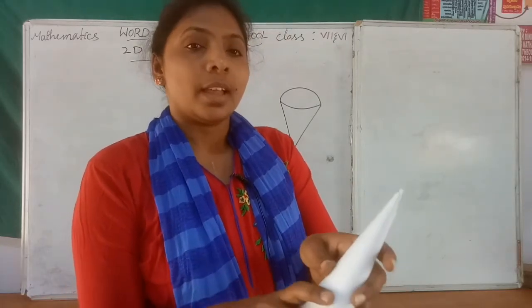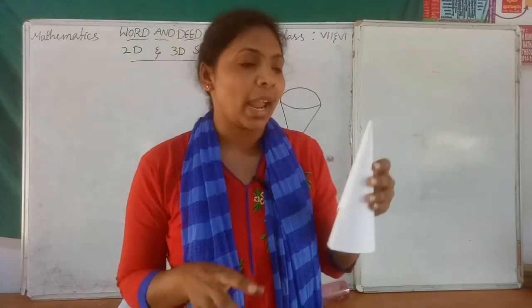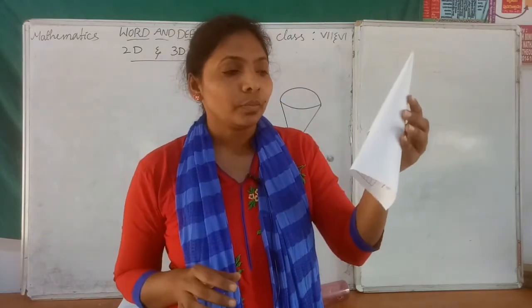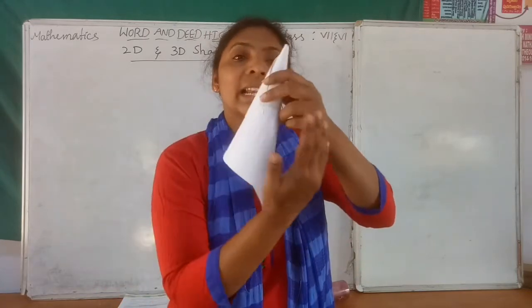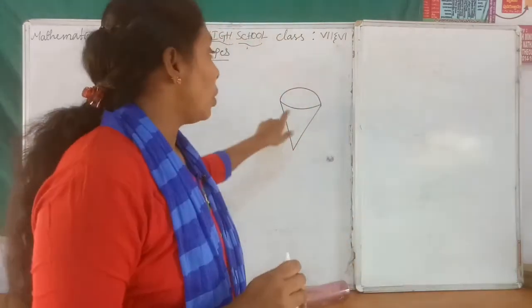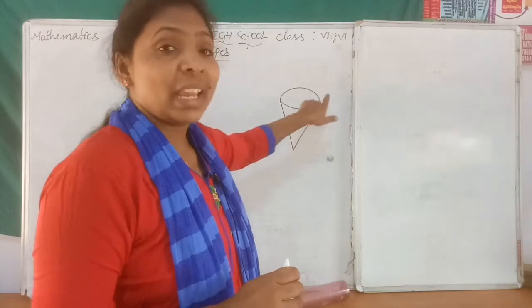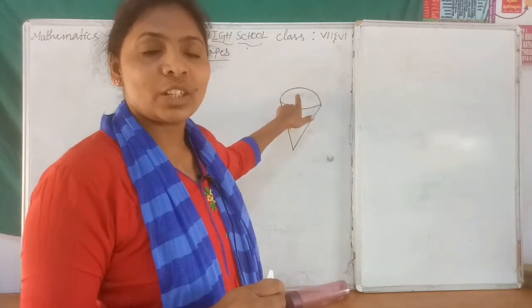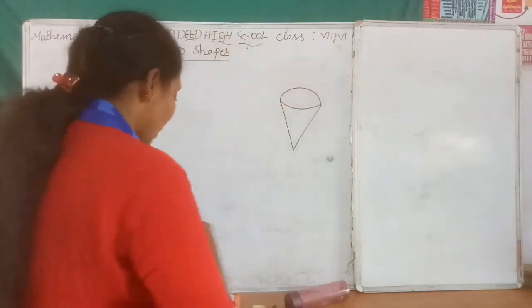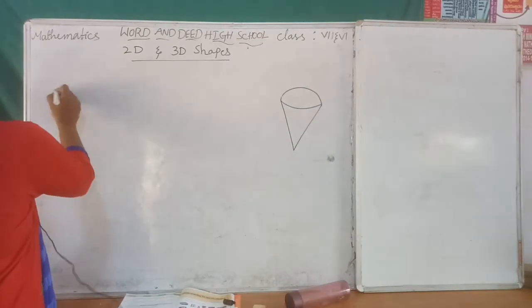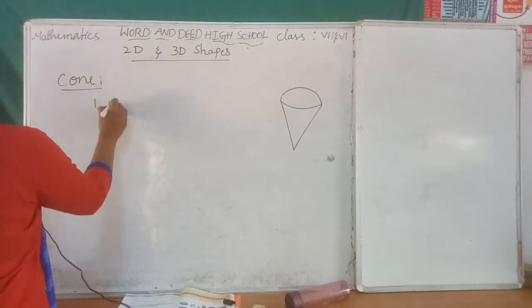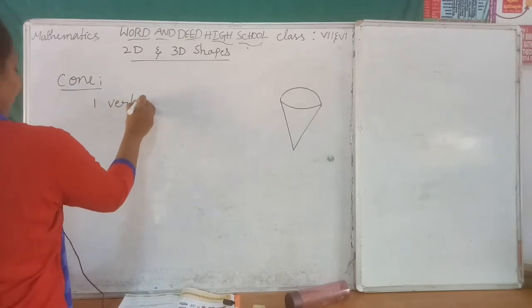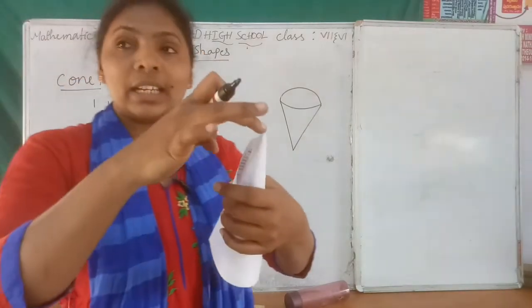See, this is the cone, children. This is the vertex, this is the circular path. The top is a circular edge, children. So how can we write? One vertex. This is the vertex, children.